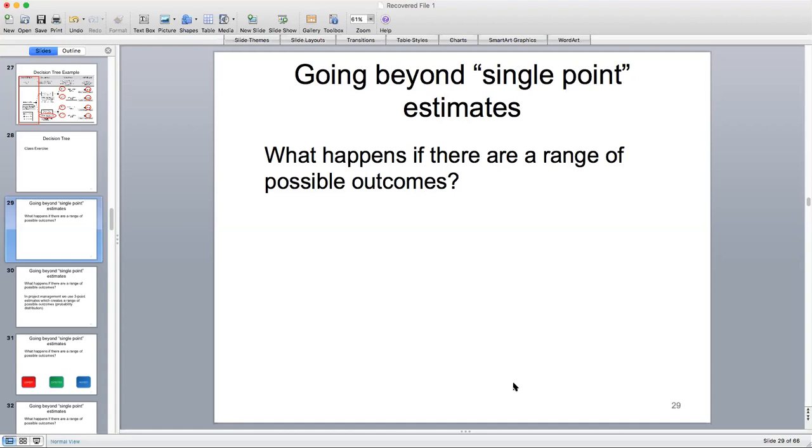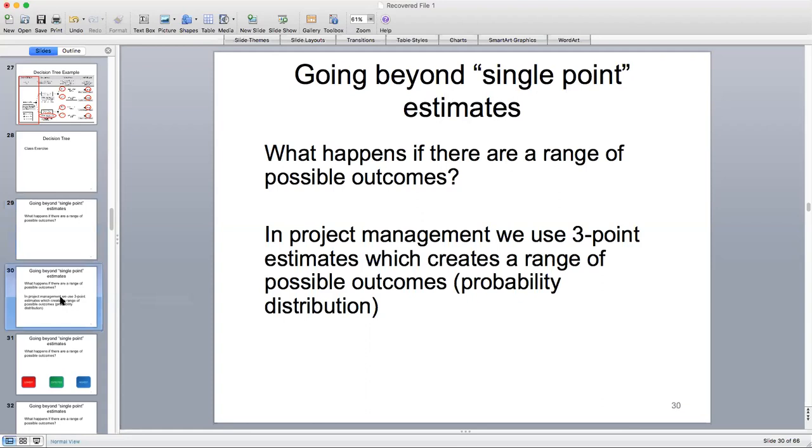The most likely outcome, the most likely value within a range of possibilities would be what most people select in projects. But with single point estimates, in projects, we want to look at this in terms of quantitative analysis. And what we do in project risk management is we take a 3-point estimate called the PERT estimate. And that takes the range of possible outcomes.